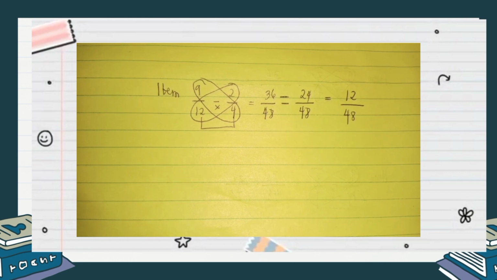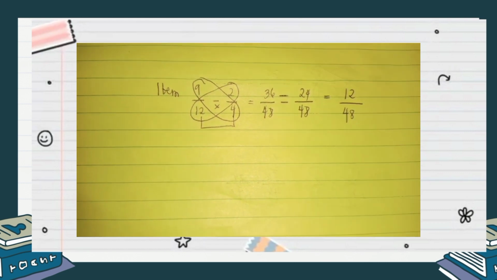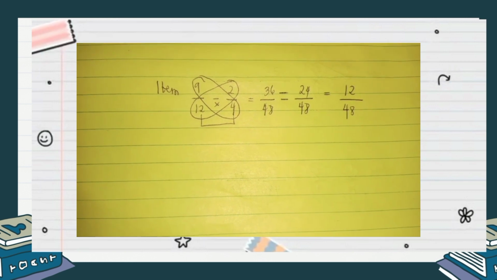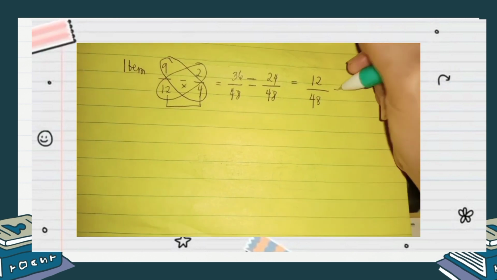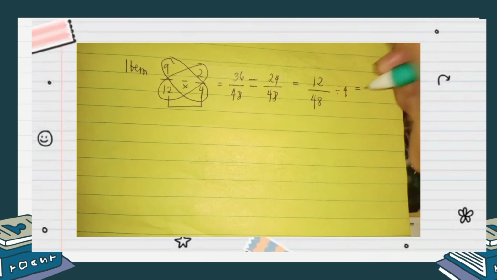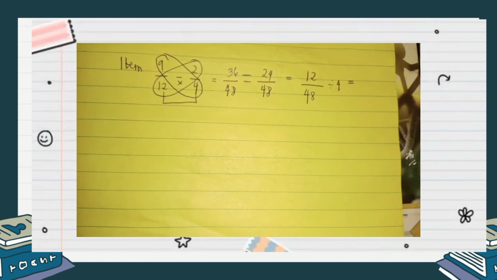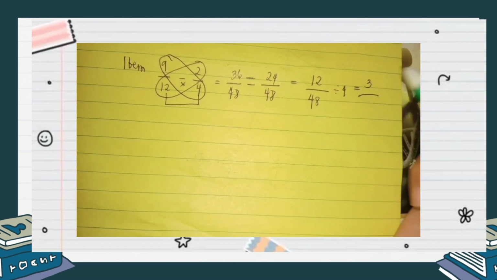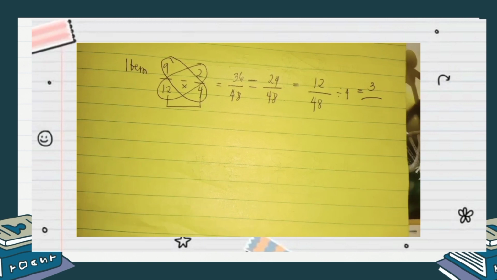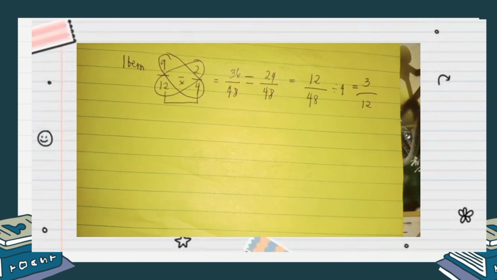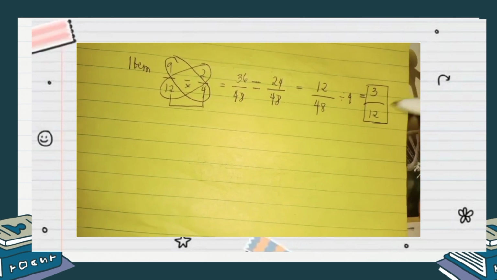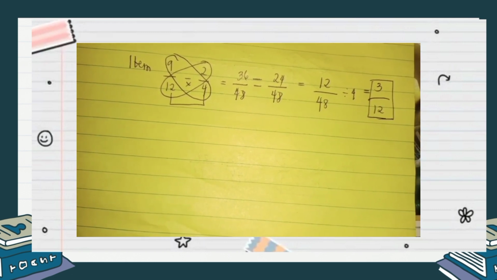The 12 and 48 are divisible by 4, so we divide both by 4. 12 divided by 4 is equal to 3. Then 48 divided by 4 is equal to 12. So now that's the correct option, 3 over 12.